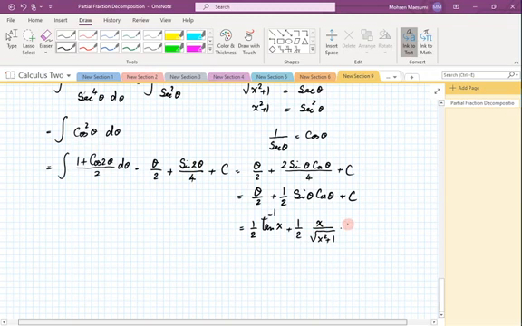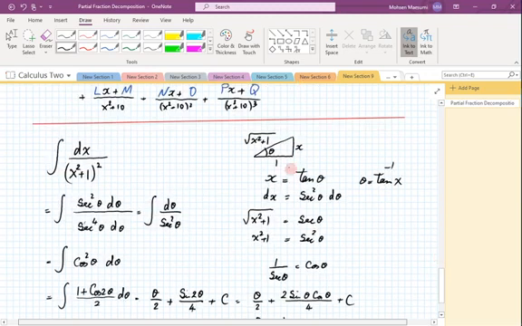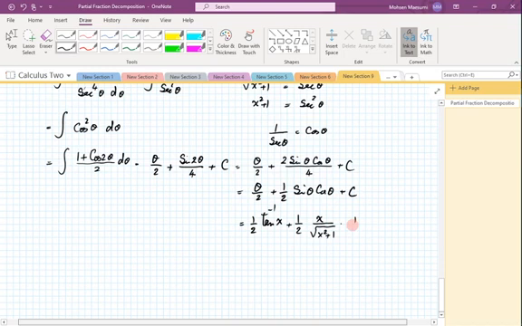Who is cosine theta? Cosine theta, of course, is adjacent over hypotenuse, so that's 1 over radical x squared plus 1, and a constant. I might as well put my 1/2 out: 1/2 of tan inverse of x plus x times 1, radical times radical, and then a constant.